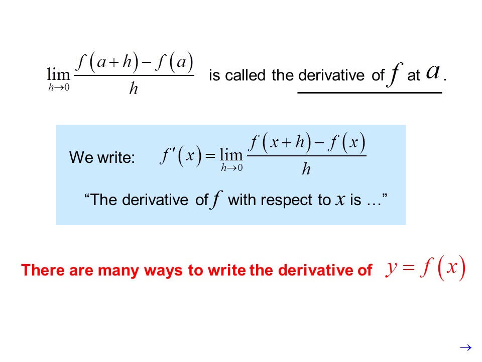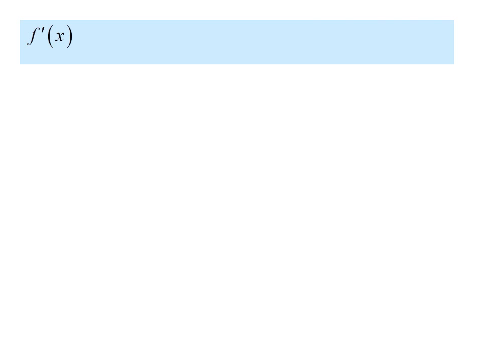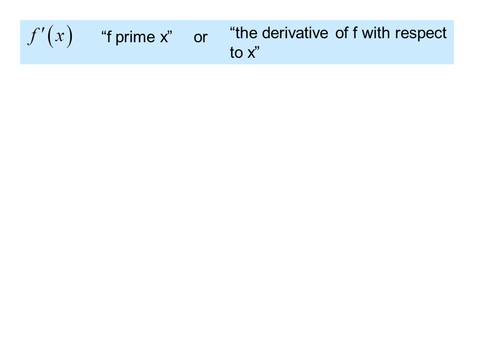There are many ways to write the derivative of y equals f of x. We can write f prime of x, or the derivative of f with respect to x. Another notation is y prime.